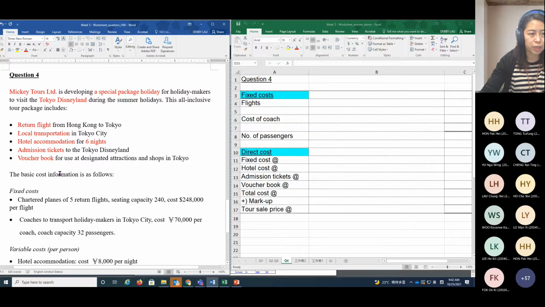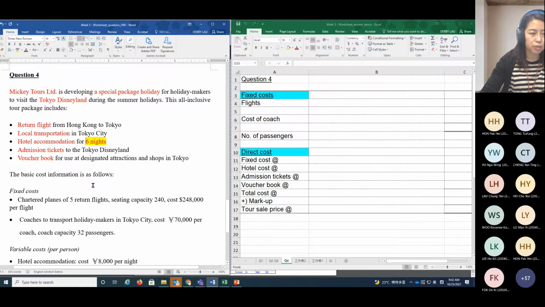The first is return flight and local transportation, hotel accommodation, but especially you have to pay special attention on the 6th night. So if the information provides you the total accommodation cost, you don't have to do anything. But if the question gives you the information of 1 night accommodation cost, you have to times 6. Okay, and next is admission tickets. And the last is voucher book.